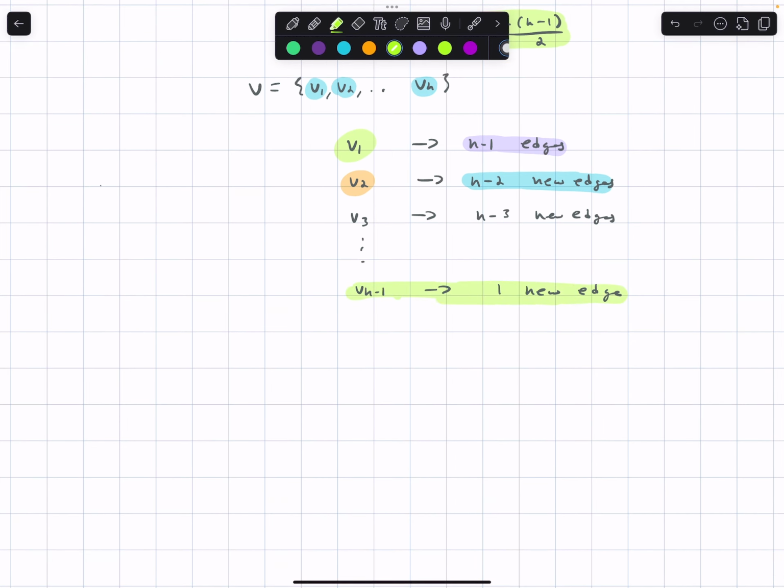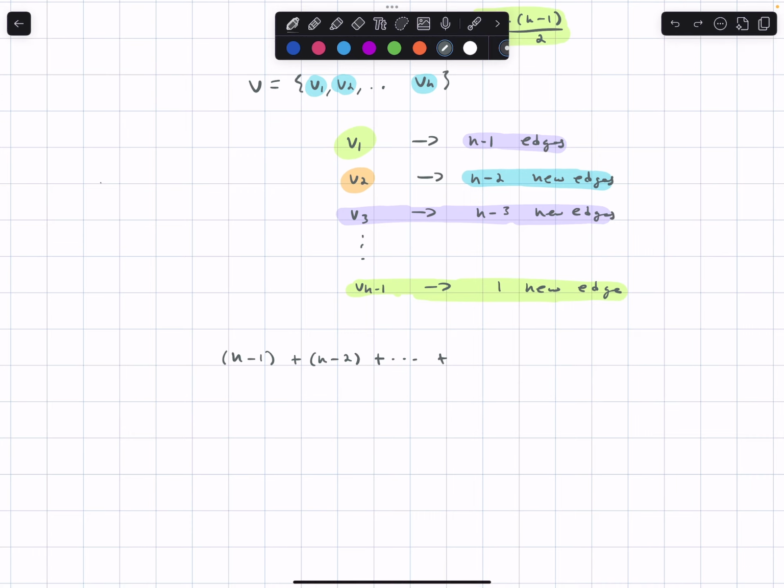And then we're going to add these up. This is the number of edges that we were able to make. We've made n minus 1 plus n minus 2 all the way through 2, plus the last one is 1. So Vn minus 2 would give us 2, which is n minus 2.